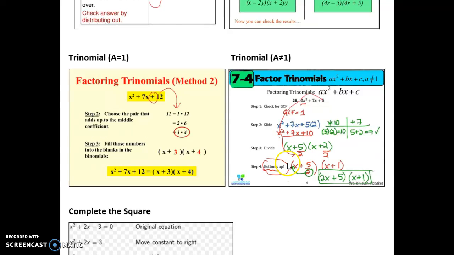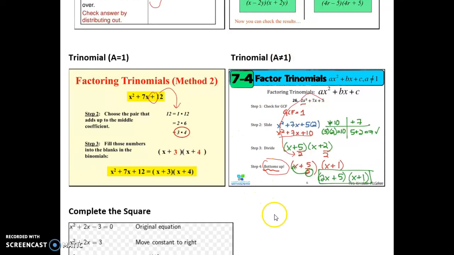Whoever created this slide, the bottom comes up, so bottoms up method. I call it fancy factoring, they call it bottoms up. Either way, it's when a trinomial has a coefficient that's not 1.